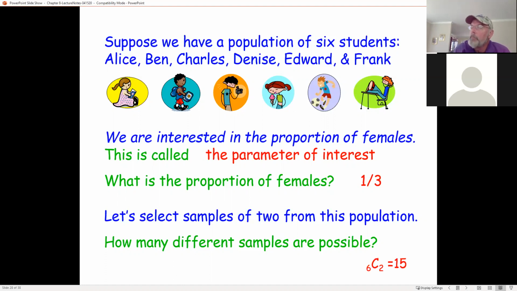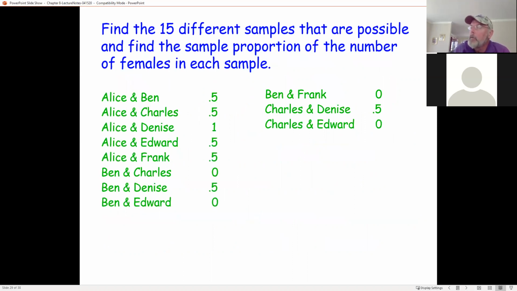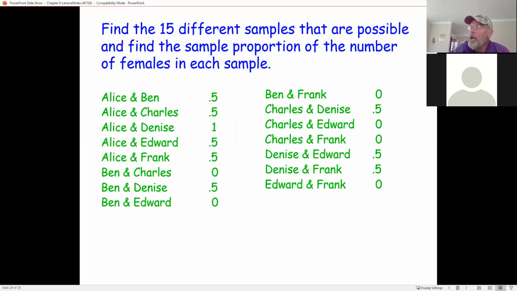So there's 15 different combinations of 2 people, 2 students in each group. So we have every possible group with a sample size of 2.